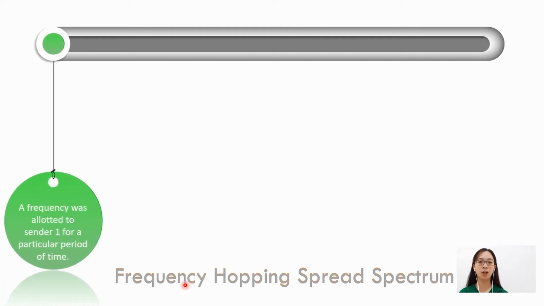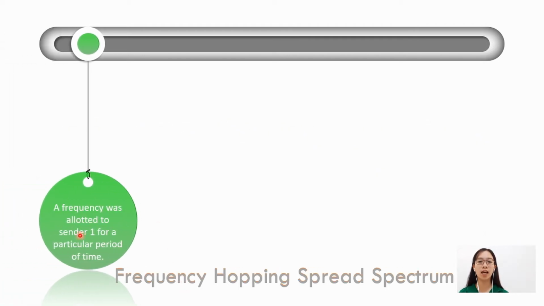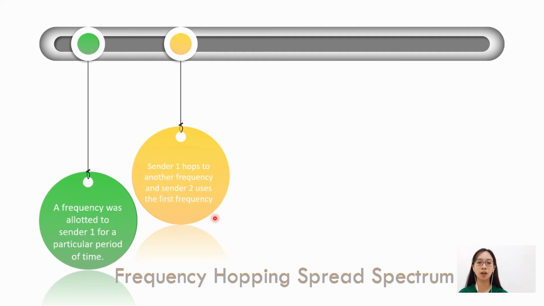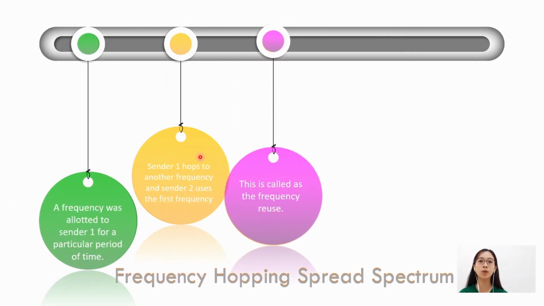For example, a frequency was allotted to sender 1 for a particular period of time. After a while, sender 1 hops to another frequency and sender 2 uses the first frequency, which was previously used by sender 1. This is called frequency reuse.